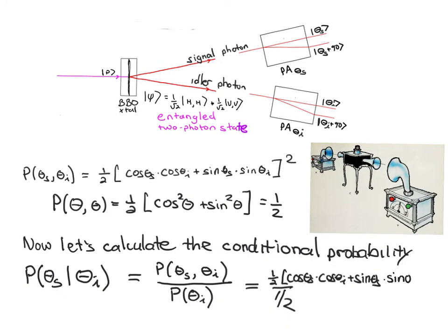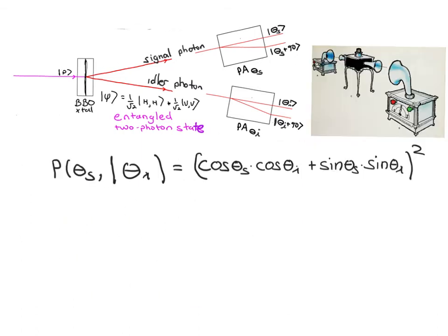And the 1/2s clearly cancel here. So this is our expression for the conditional probability, and it works for any particular values of these angles theta sub I and theta sub s.